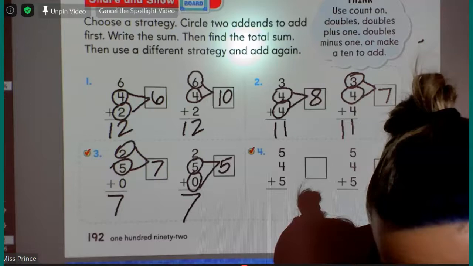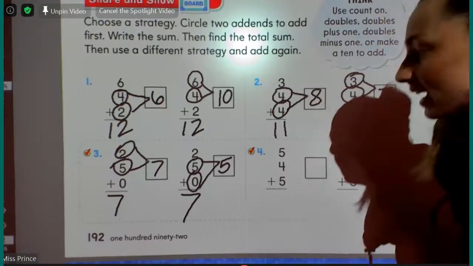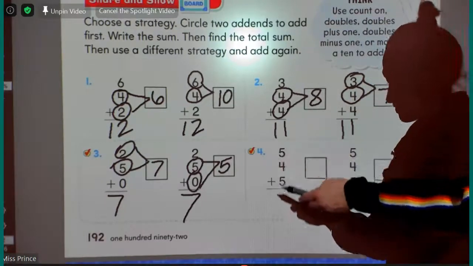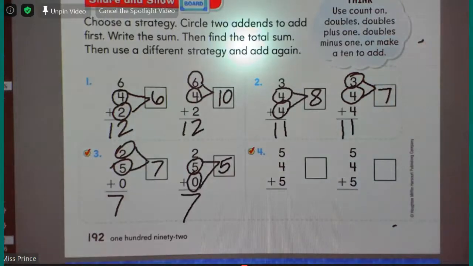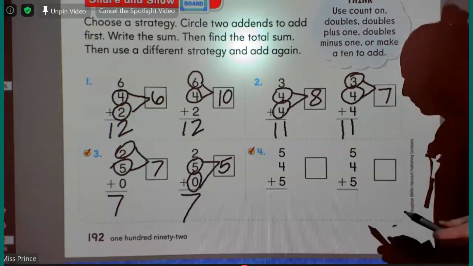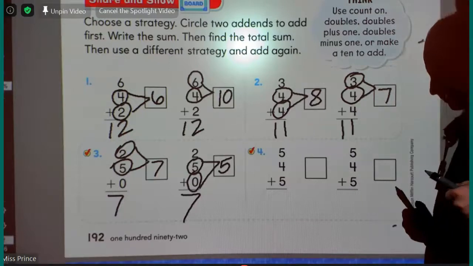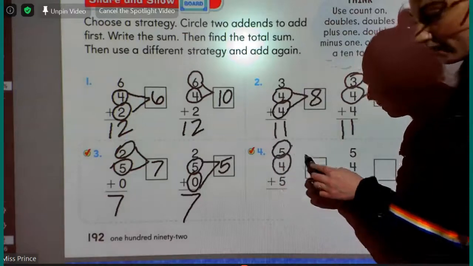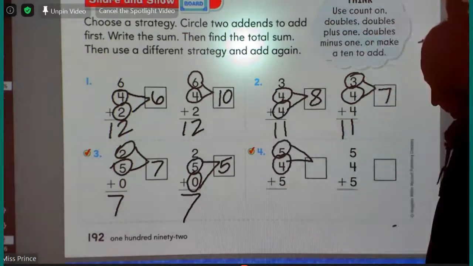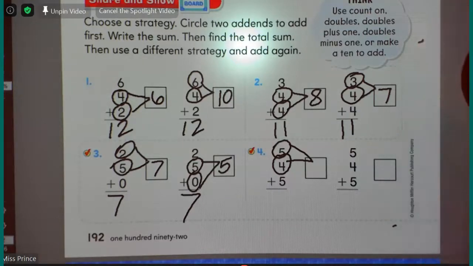All right, my next helper is Keela. Keela, choose 2 numbers and tell me why you picked those numbers. I will choose 5 plus 4. Okay, and what do you get? 5, 6, 9.